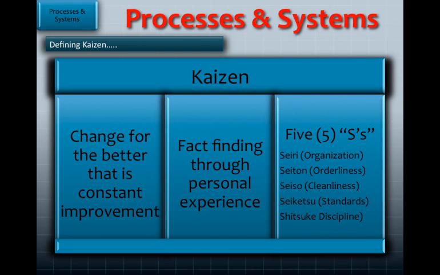Seiri, which is organization, Seiton, which is orderliness, Seiso, which is cleanliness, Seiketsu, which is standards, and Shitsuke, which is discipline. And so what you're looking for is to bring these five elements into Kaizen and make these constant improvements and steps moving forward on a consistent basis.